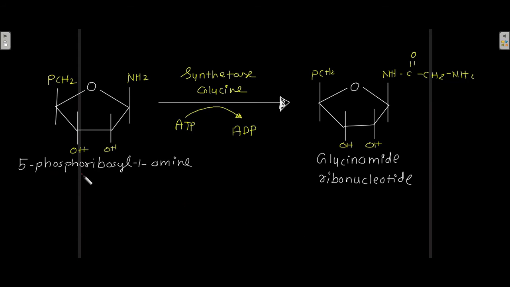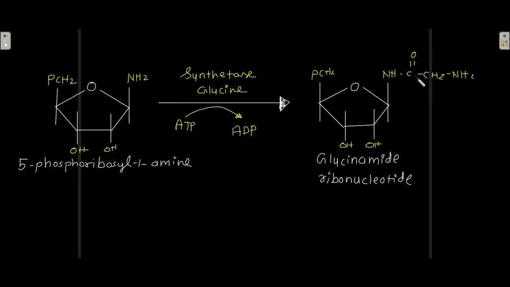So this is how the reaction looks. 5-phosphoribosyl 1-amine is getting converted into glycinamide ribonucleotide. Okay, and there you can see that this NH2 is getting converted into this NH and this group.